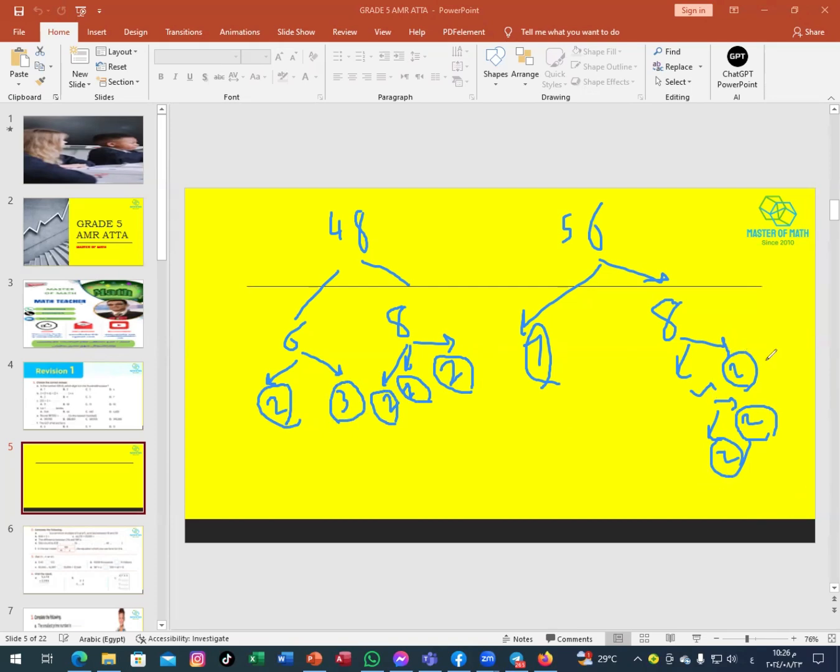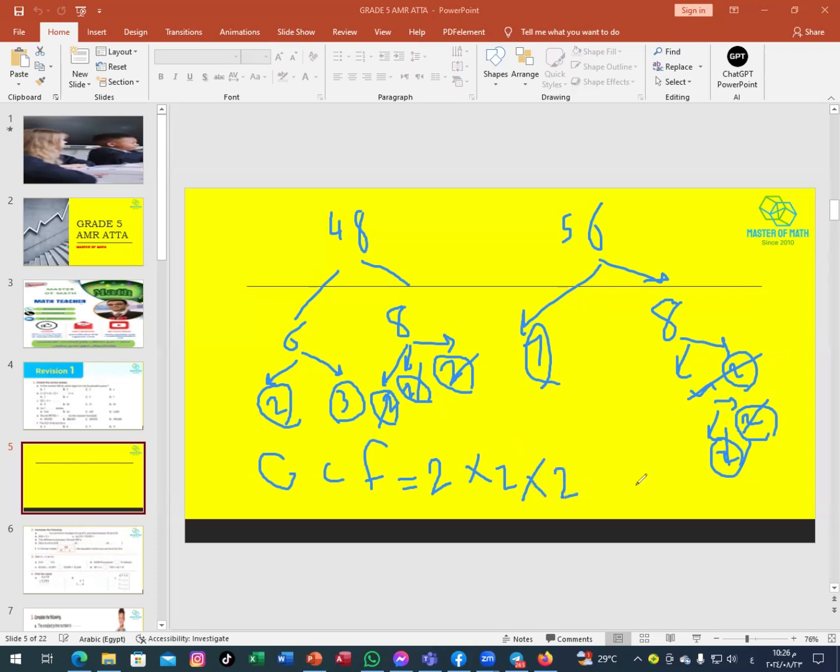So when we want to get the GCF, greatest common factor, we have to cancel 2 with 2 and take 1, 2 with 2 and take 1, 2 with 2 and take 1.